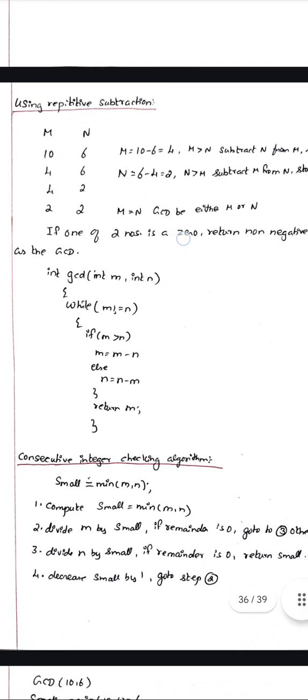Then for this, m equals 4. Can it happen, 4 minus 6? No. Then it would be m itself, 4.